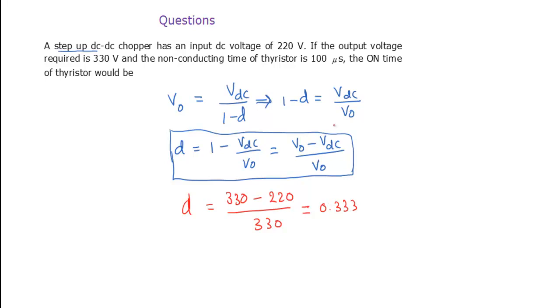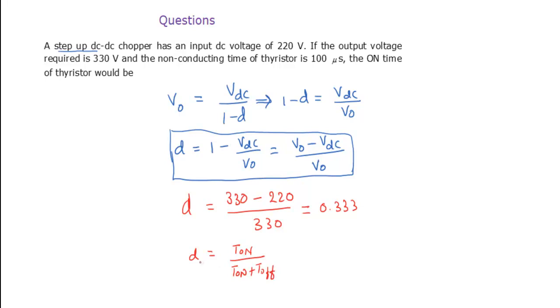But we need to calculate the on duration. How to calculate the on duration? That's very important. Either you can calculate using analytical methods, or you can directly substitute. D is nothing but T on divided by T on plus T off.